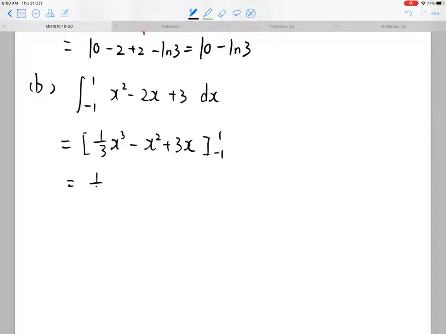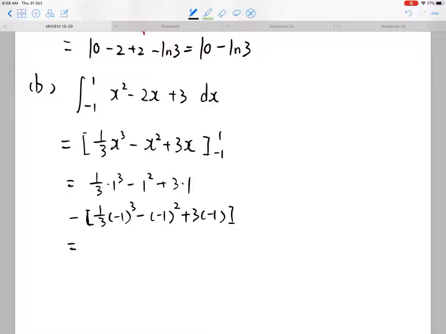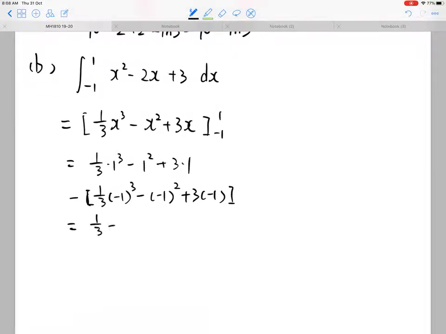Then subbing in, it is 1 over 3 minus 1 plus 3, minus negative 1 over 3 minus 1 minus 3. It's going to be 2 over 3 plus 6.